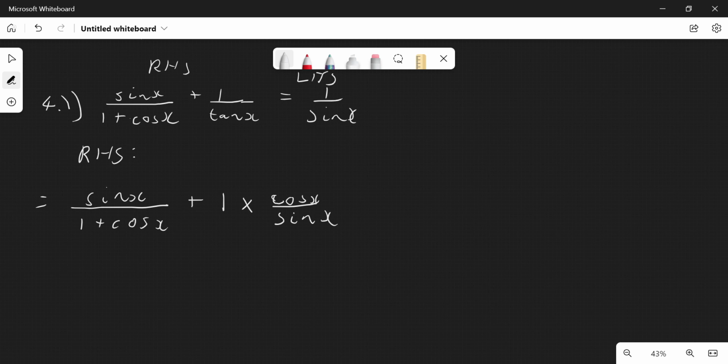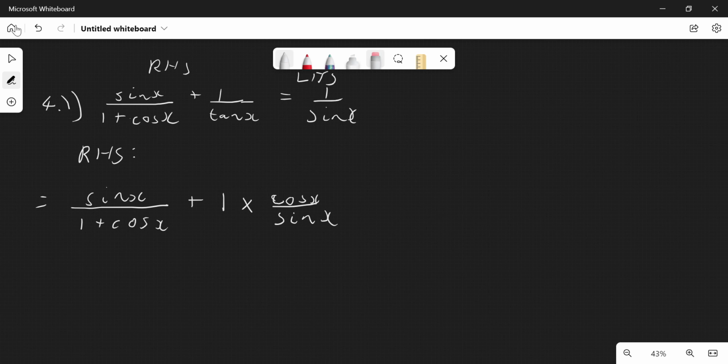I hope you see what I did here. This is 1 divided by tan x, so it's 1 divided by sine x over cos x. When I switch it over, I flip the cos and the sine. That's what I got there, just for efficiency.